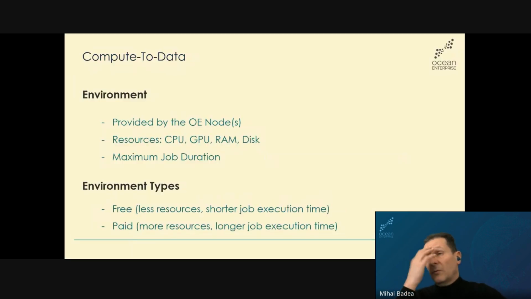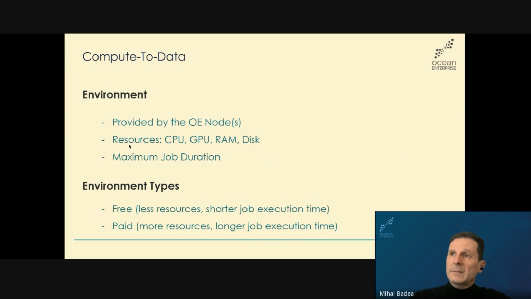So when we talk about compute to data, the jobs are executed in an environment that needs to provide the processing resources such as CPU or GPU, RAM, and disk. The environment itself is provided by the Ocean Node or by many Ocean Nodes.